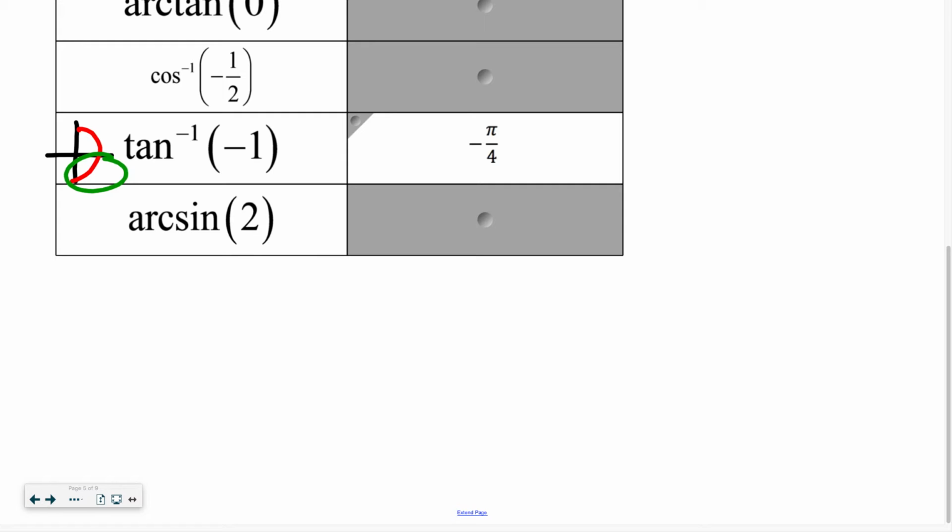The arc sine of 2. So you're saying what angle, because you're answering the angle, this is the ratio, right? What angle in arc sine would happen in the same half moon as arc tangent? What angle from negative pi halves to positive pi halves has a sine, or think about a y coordinate, of 2 on the unit circle?